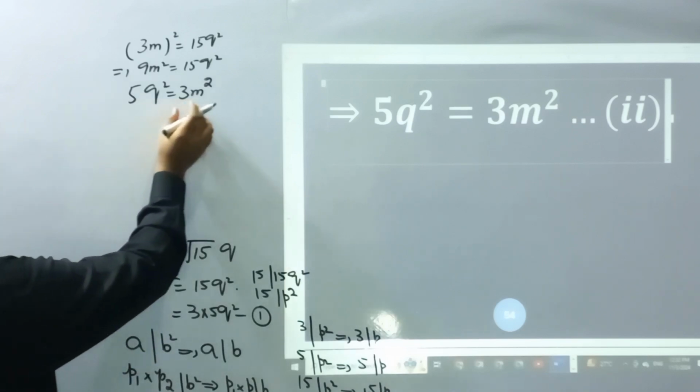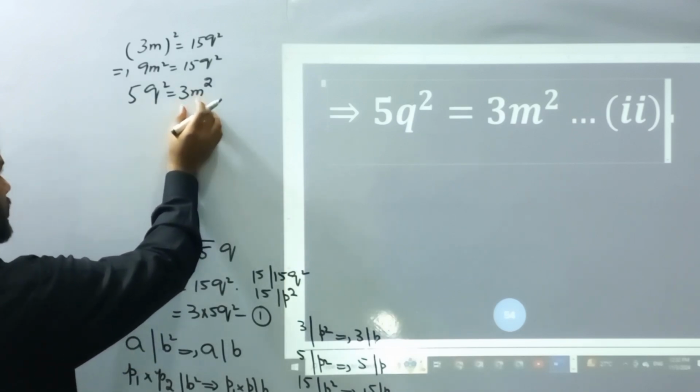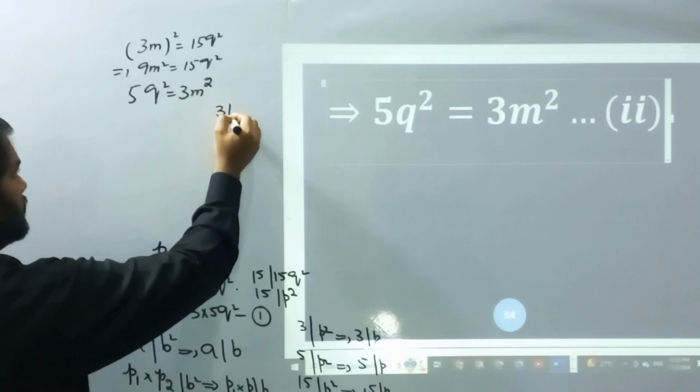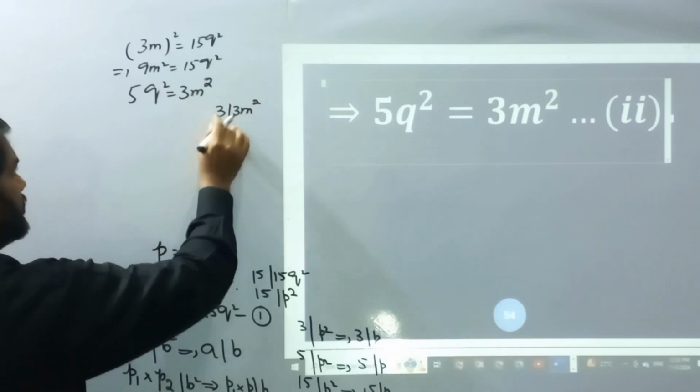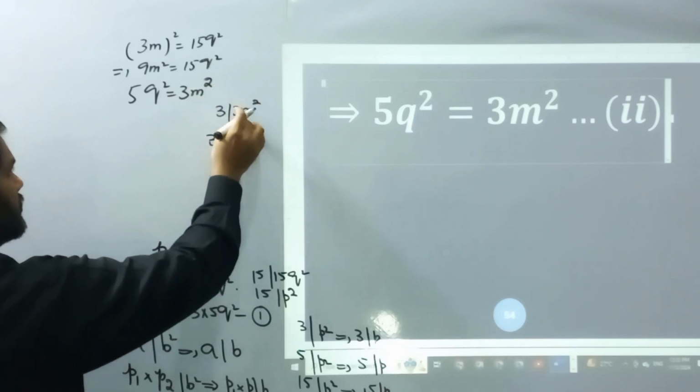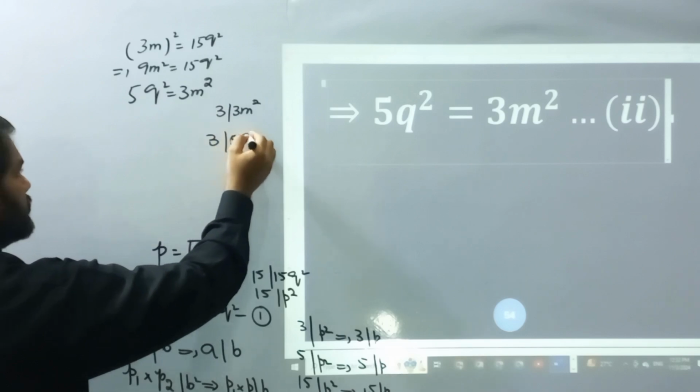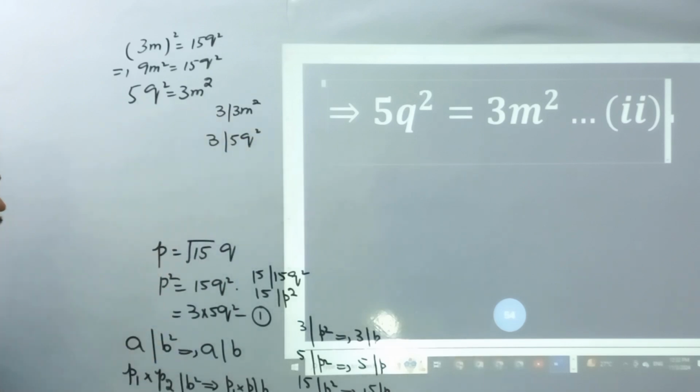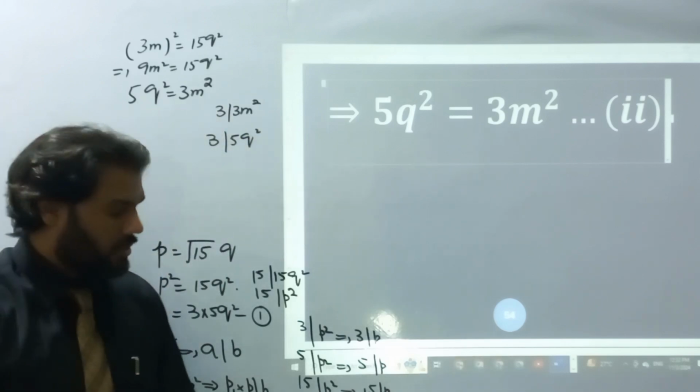As 5q square is equal to 3m square, the right side is a multiple of 3, that is, the right side is divisible by 3. 3 divides 3m square, and 3m square is equal to 5q square. It means 3 divides 5q square. We have discussed our result.